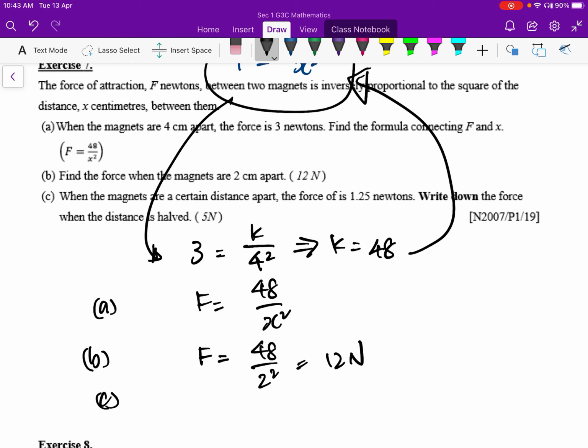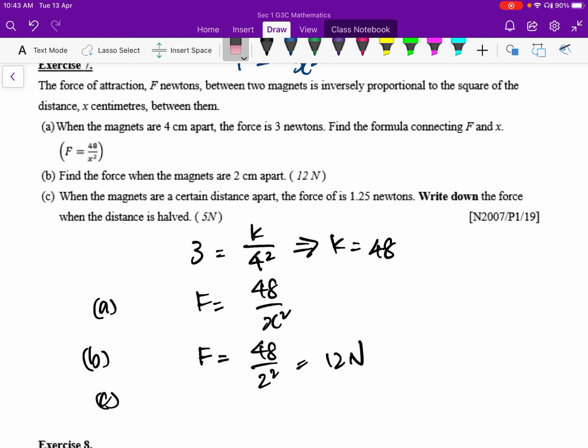Then part C, when they are a certain distance apart, the force is 1.25 newtons. Find the force when the distance is half. When they are a certain distance. So certain distance, they don't want to tell you how much that is. We can actually find out if we want to. So let's go ahead and find out.